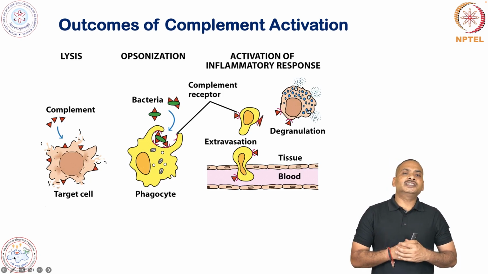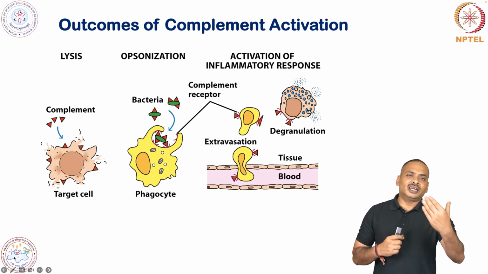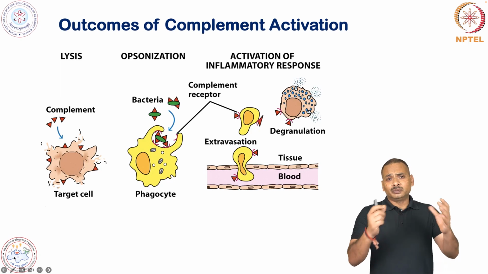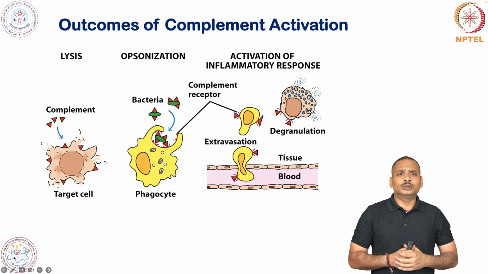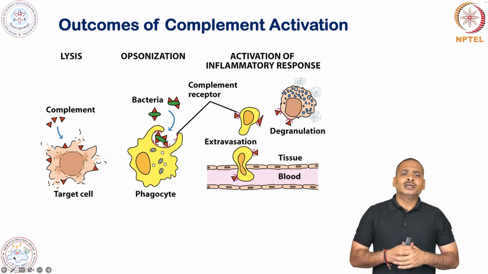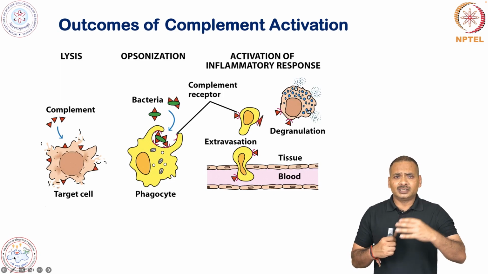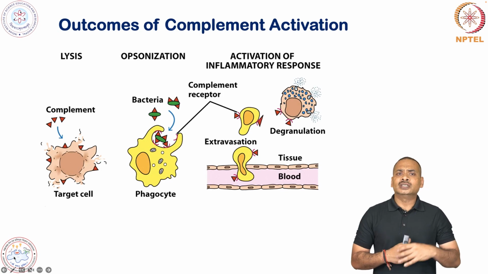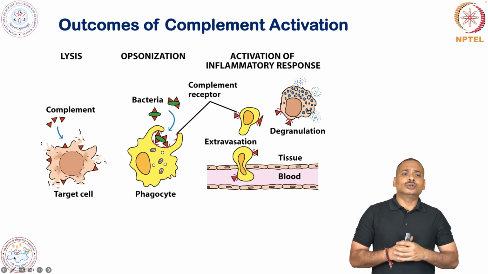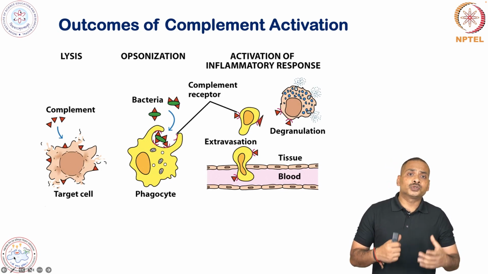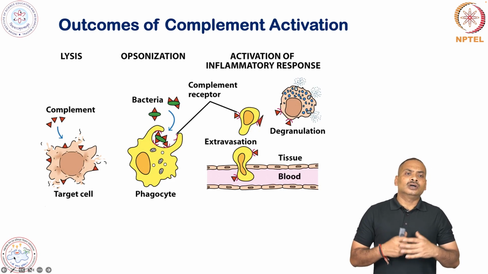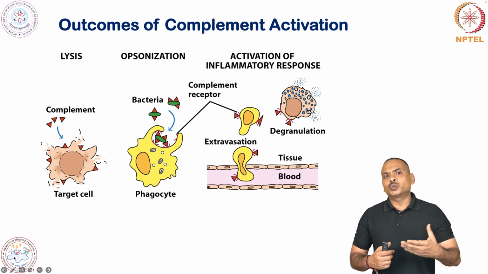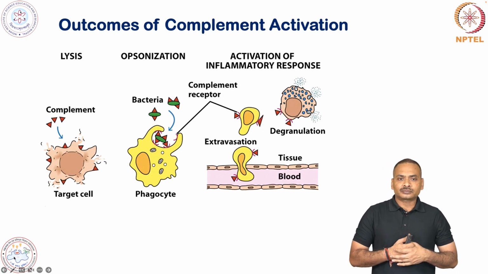Opsonization is basically when the target microbe is coated by some group of molecules. Once it is coated, phagocytic cells will readily phagocytose these microbes. So we call it opsonization, or you can call it quicker phagocytosis.